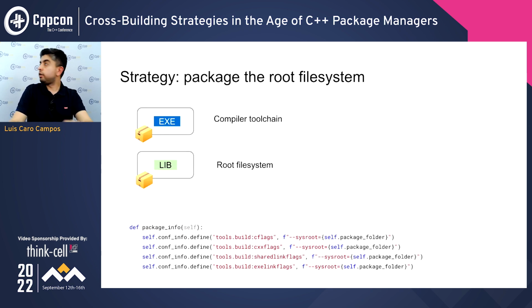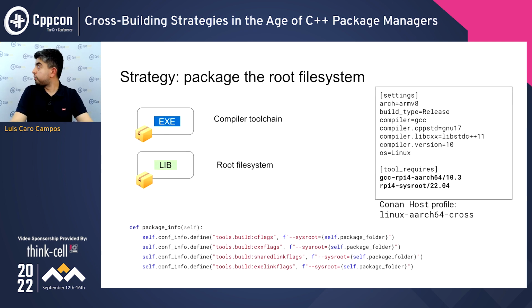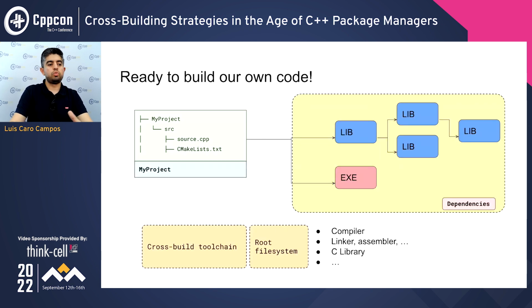And then a solution like this, basically the profile that we had before: we already have the compiler there, and now we have the Raspberry Pi Sysroot, for instance, if that's what I want to target. So I think with all these things now, we would be ready to build our code.